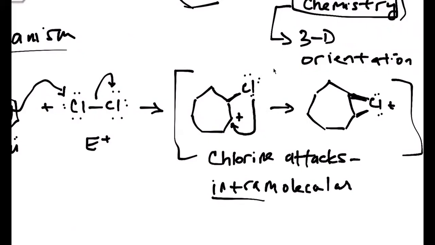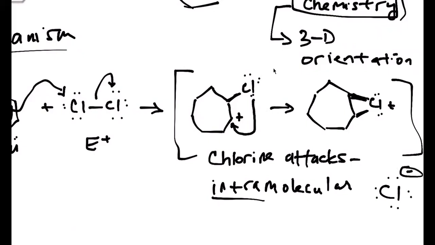Dr. Russell, why is it internal? Well, the chlorine is electron rich and is next door to a carbocation, and so it just happens, right? It just closes, right? Keep in mind, you still have this chlorine out here that you lost when you broke the chlorine sigma bond, right?